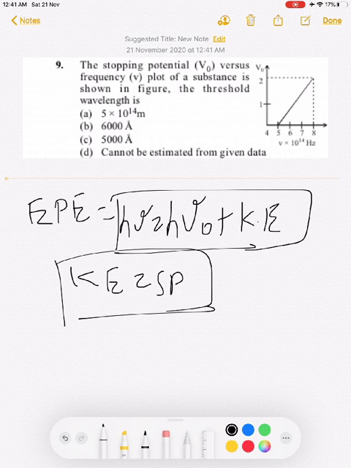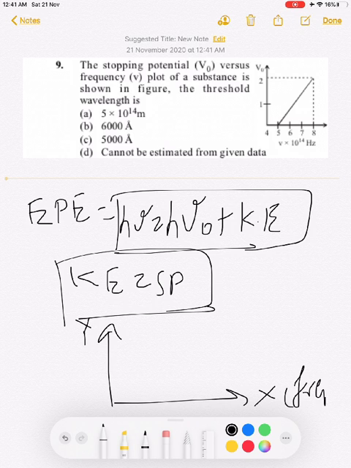So we can say that the graph is a plot between frequency on the x-axis and the kinetic energy, or stopping potential, on the y-axis. From the graph, this is the x-axis and this is the y-axis. So on the x-axis we plot frequency, and on the y-axis we plot the stopping potential.